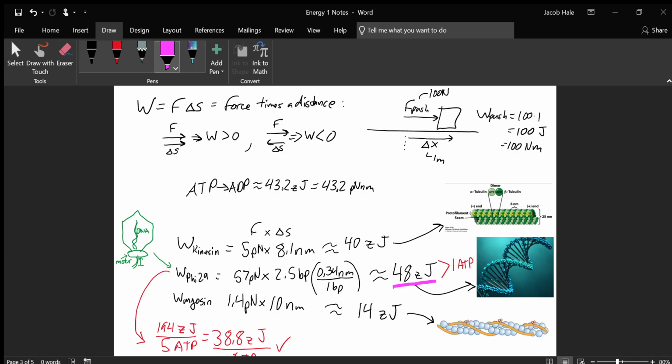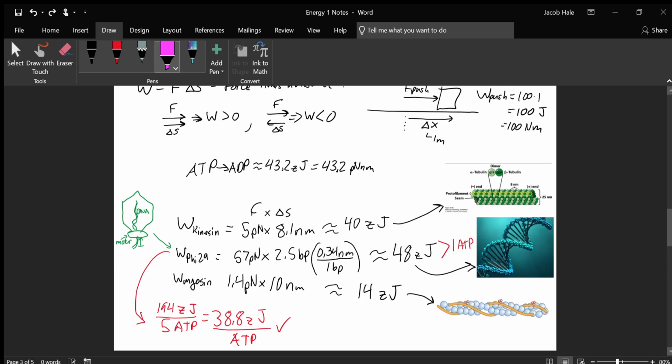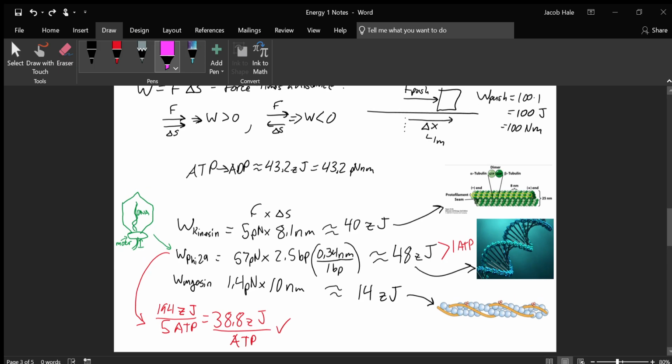It can't be more than ATP. How do we get more work done than the energy in? At best you can get equal, but usually you lose some to thermal energy and other things. So what's wrong here? I'm going to fix that and show why this 48 is actually not true.